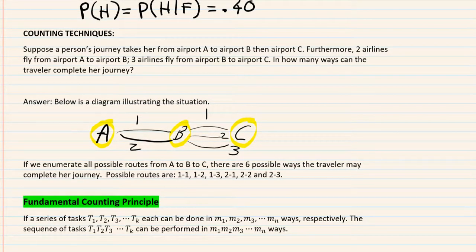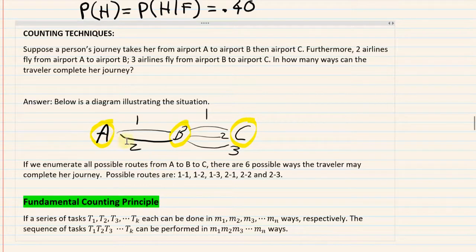Here's what the fundamental counting principle says. Suppose we have K tasks, T1, T2, T3, and so on. These are tasks that get performed. Each task can be done in M1, M2, M3, up to Mk ways. So task 1 is done in M1 ways, task 2 in M2 ways.